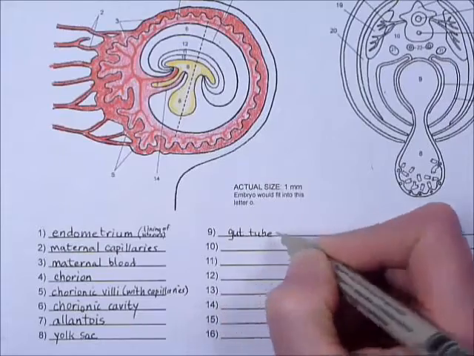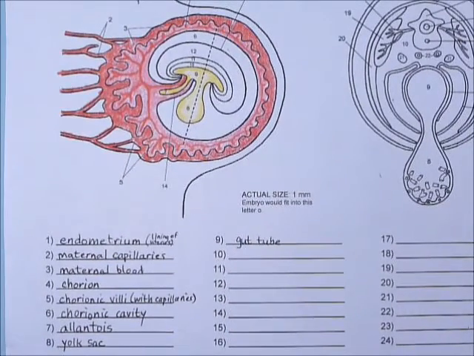And it is going to become a lot of things. It's going to become the intestines, the stomach, the esophagus, and also a lot of the digestive glands, the pancreas, the gallbladder, the things that are all attached to the digestive system. And also it's going to turn into the lungs as well.